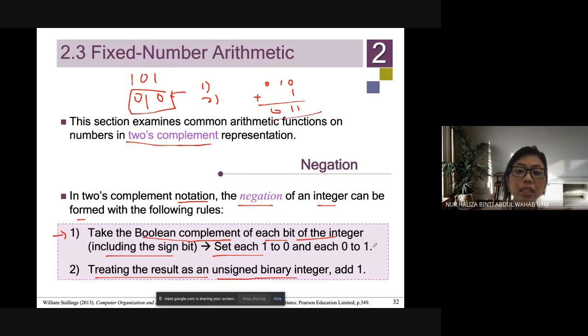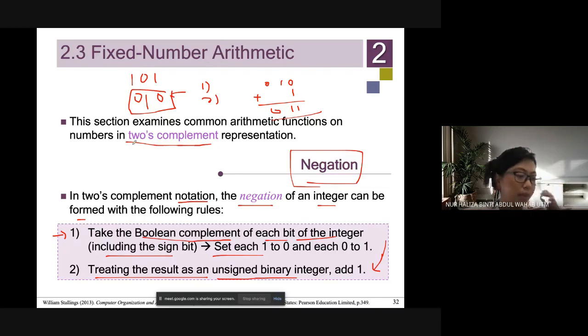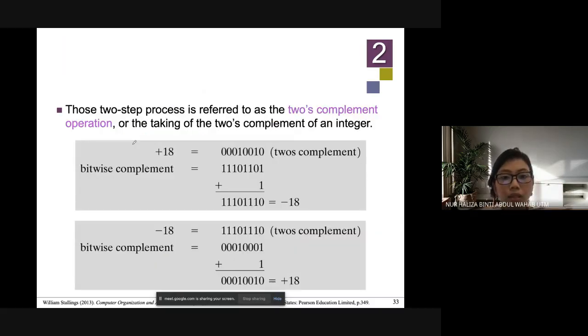Basically this is your two's complement, second complement. So this is the step of negation for your second complement, and this is the example for using negation under two's complement operation.